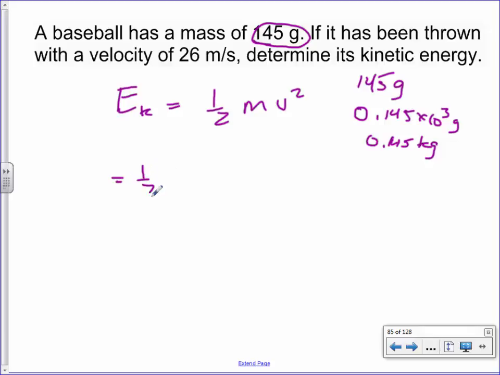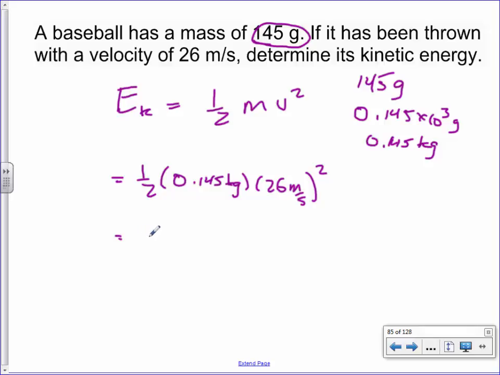Well, let's plug the numbers in. 1/2, 0.145 kilograms, and then I'm just going to write 26 meters per second. I'm just going to write the squared afterwards. You guys know where to find the squared button on your calculator? Yeah. Okay, so maybe I'll just do that from now on. 1/2 times 0.145 times 26 squared.